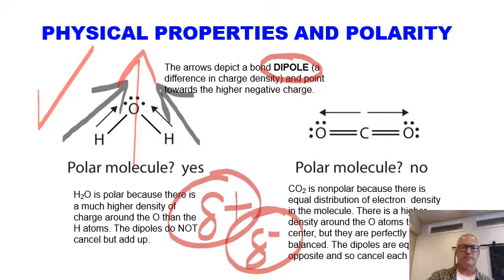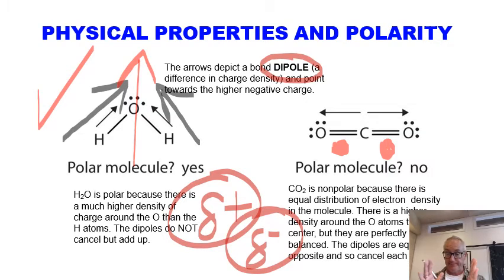Now, it's a little tricky of a concept, but let's look at carbon dioxide. So carbon's in the middle, and there's a double bond on one side, and there's a double bond on the other. Which one is more electronegative, carbon or oxygen? It's going to be oxygen. Oxygen is a lot more electronegative than carbon.